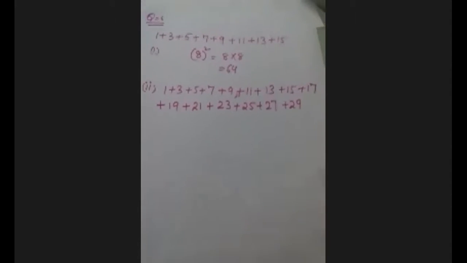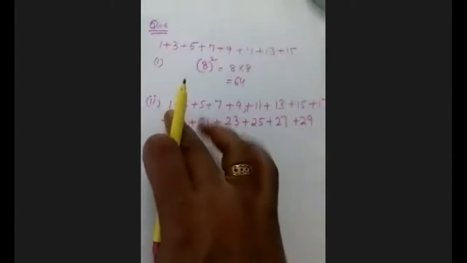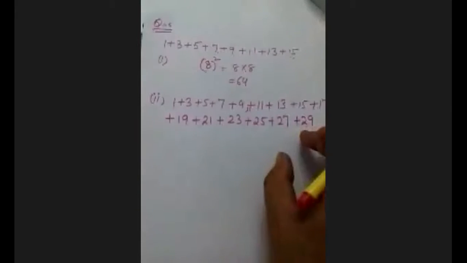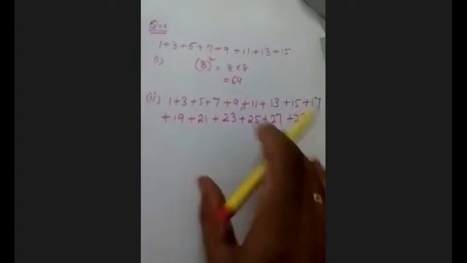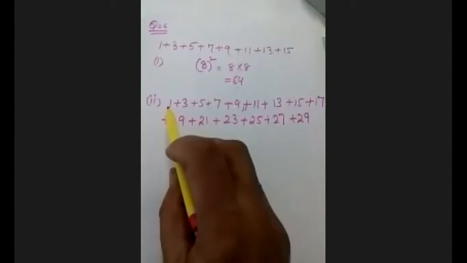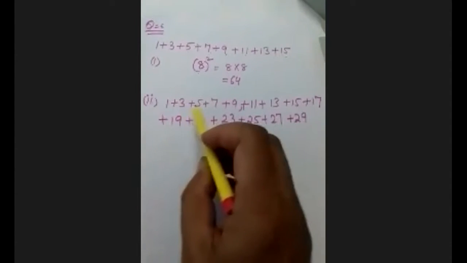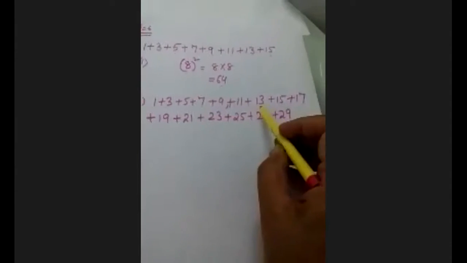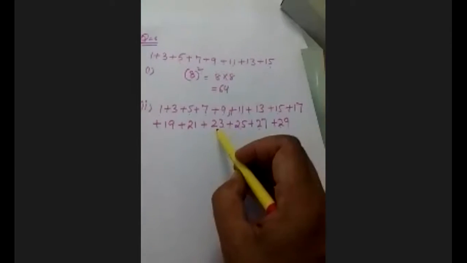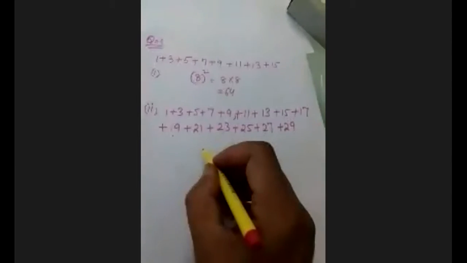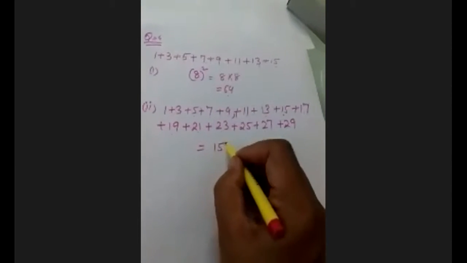Clear, students? Now once again, observe all these numbers are odd. So this is a sequence of odd numbers. Now count these numbers: 1, 2, 3, 4, 5, 6, 7, 8, 9, 10, 11, 12, 13, 14, 15. So the total numbers are 15.